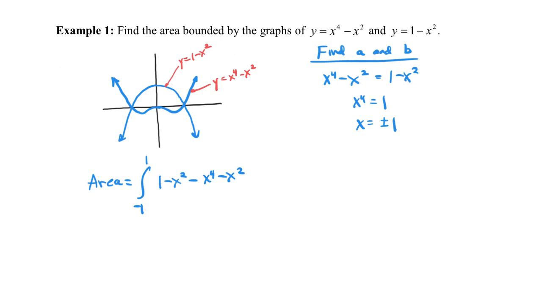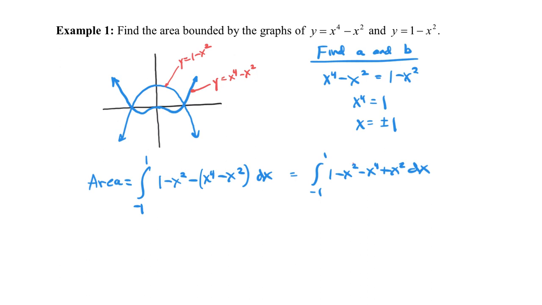Hopefully you are screaming at the screen saying, no, we can't do that. We need parentheses, because this negative sign has to distribute through. So this will give us negative x to the fourth plus x squared. So really we're going to get the integral of 1 minus x squared minus x to the fourth plus x squared dx.